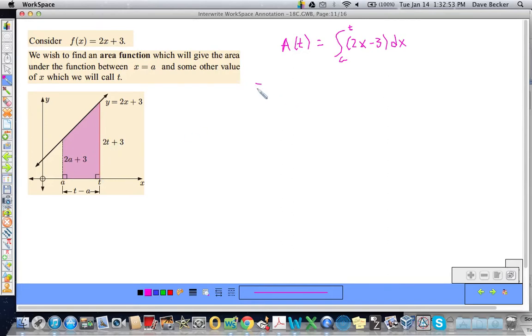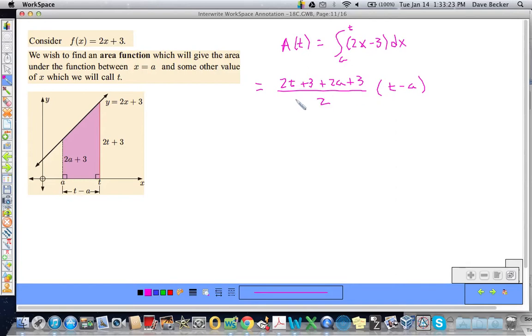Now this algebra gets a little bit messier. That's the sum of the two bases divided by 2. The sum of the two bases is 2t plus 3 plus 2a plus 3, all divided by 2, multiplied by the height, which is t minus a.